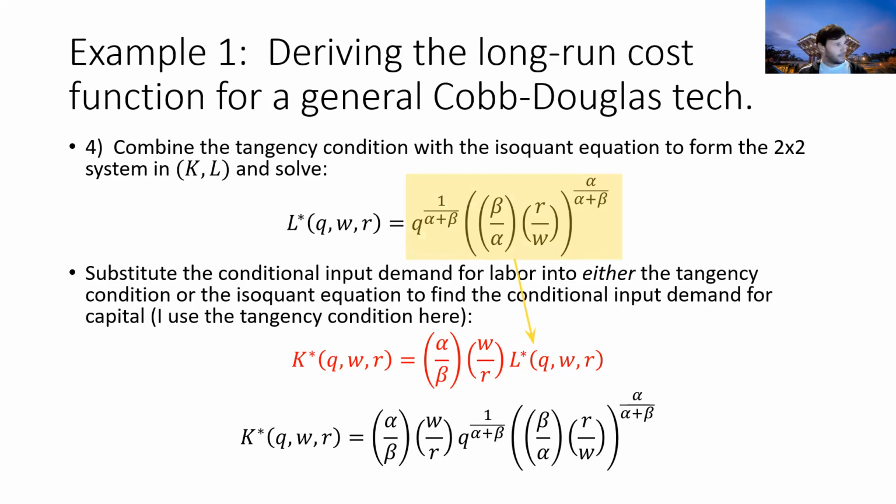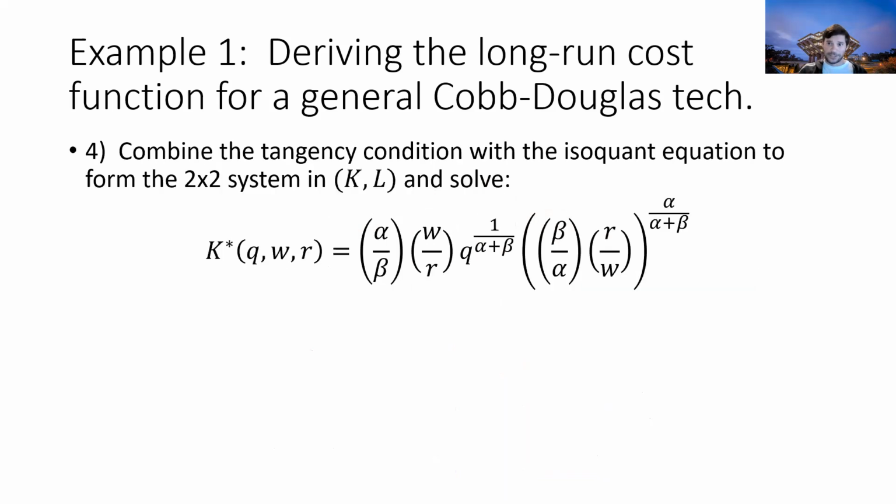And again, there's some things that it looks like we might be able to cancel. Note there's an alpha over beta W over R. Here is the inverse of that same term. So those are going to be things that we'll be able to cancel out and simplify the exponent there. We can do that in the next step.